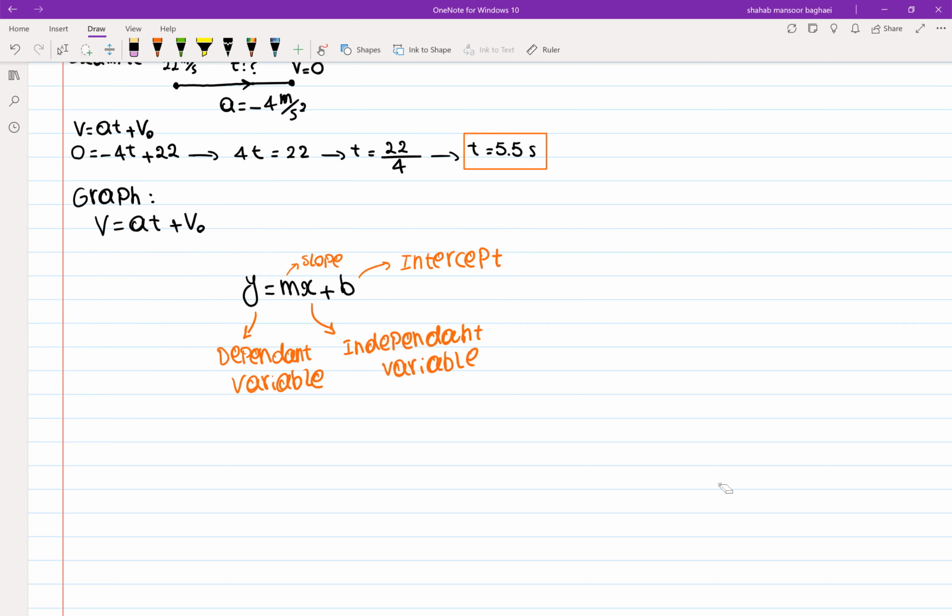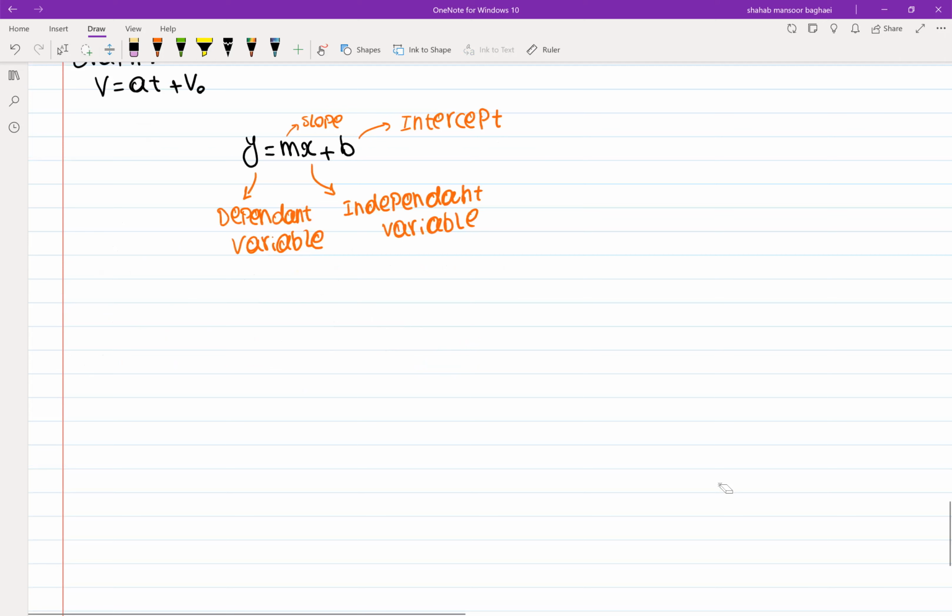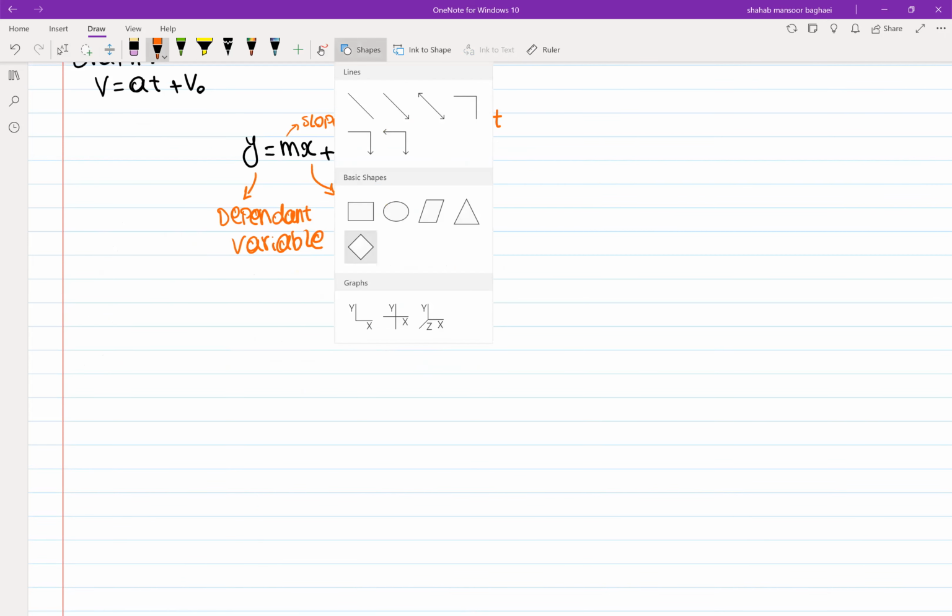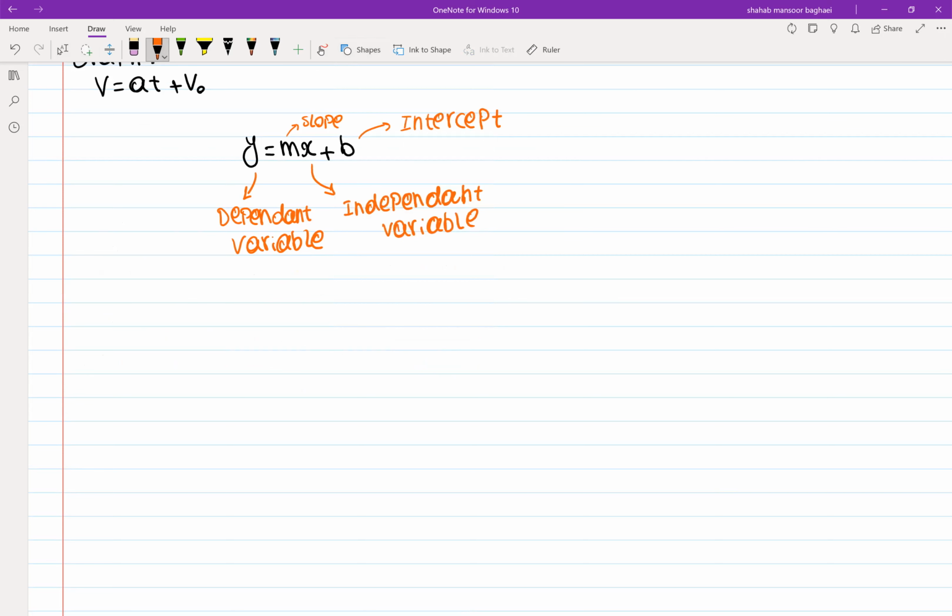If I want to plot this line on a coordinate system in mathematics, you can do it like this.